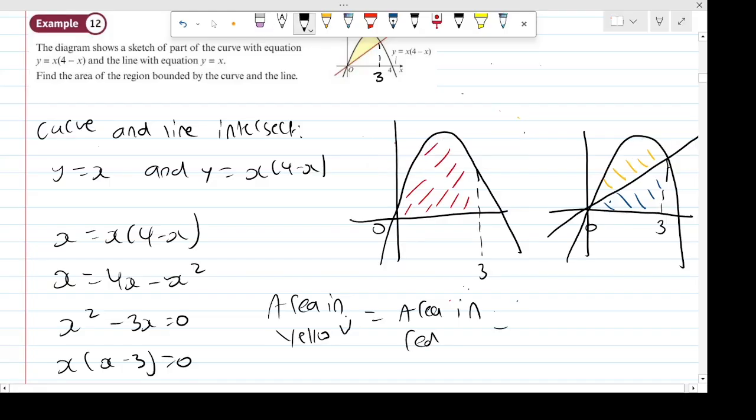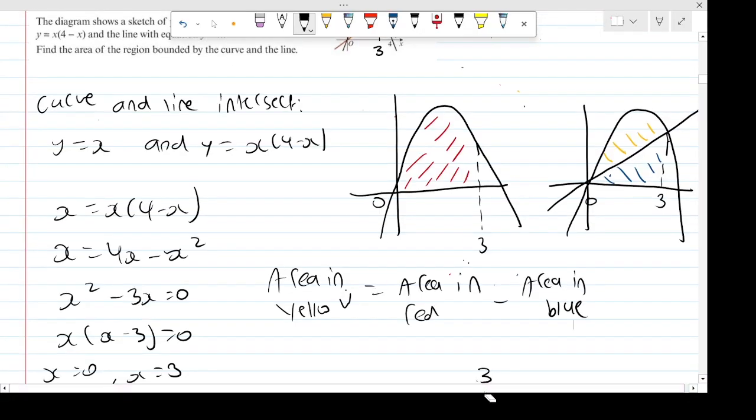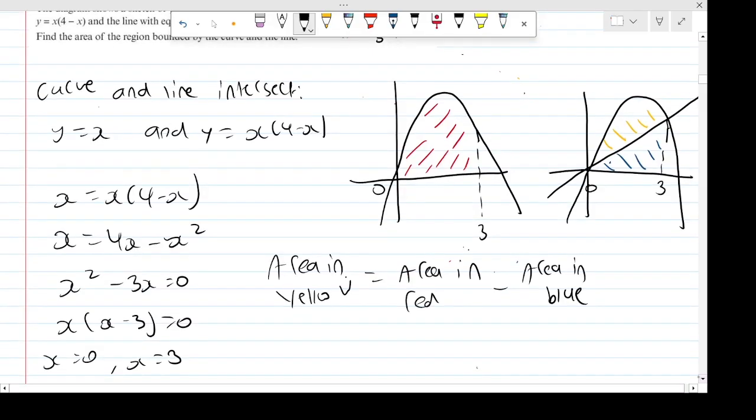Well, then if we want the yellow part, we take away the area in blue. So hopefully you can visualise that. And so, to be a bit more specific, the area in yellow, in terms of the curve and the line, well, the area in red is just the area under the curve.